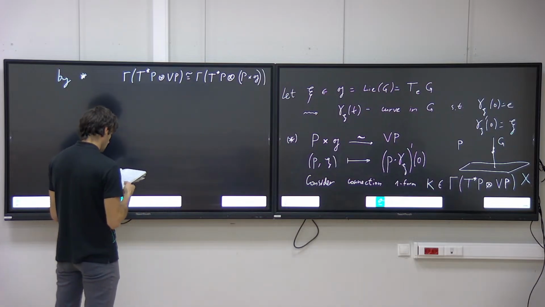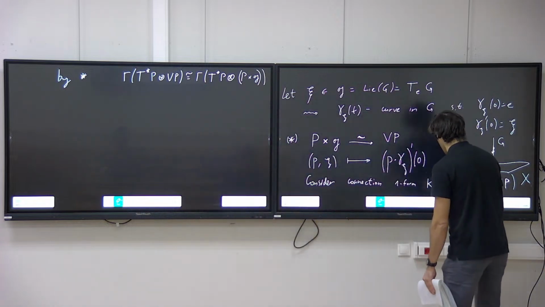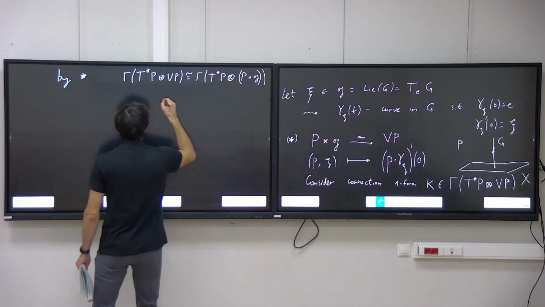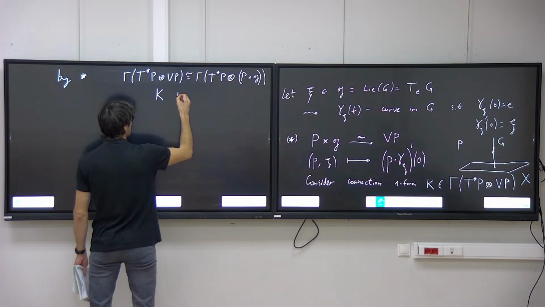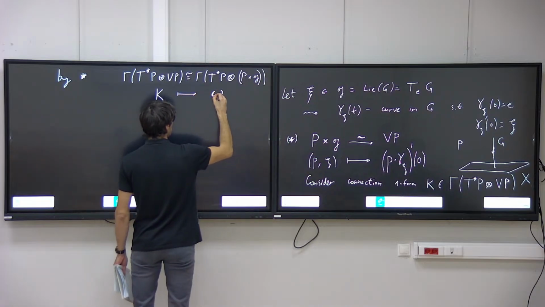All right, and so if I take K from here, I want some other letter to consider the image of K inside here, so this letter will be omega.